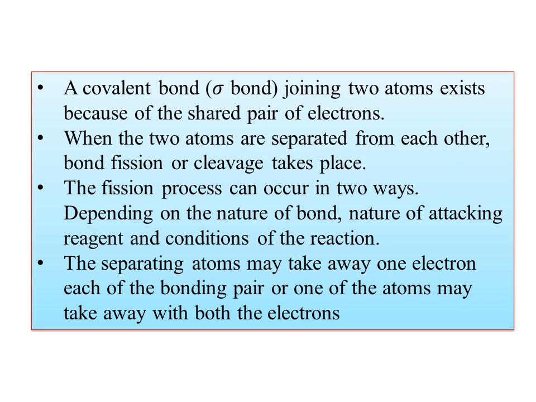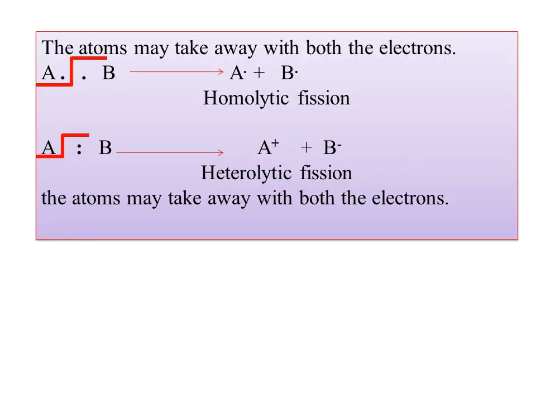The separating atoms may take one electron each of the bonding pair, or one atom may take away both the electrons. When the bond is cleaving, dissociation is taking place. In order to form a bond you require two electrons.